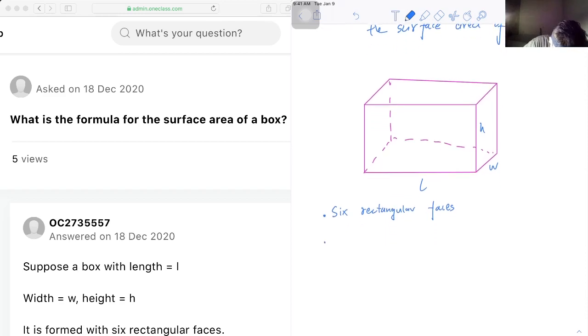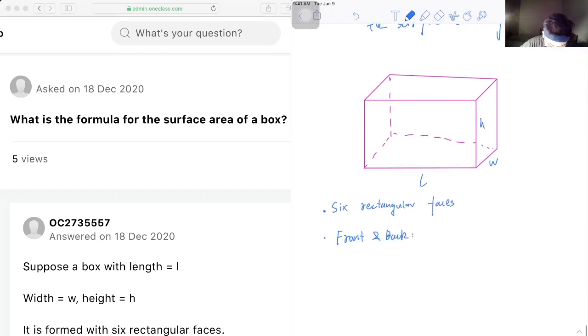If we want to talk about the front and back surface area, that will be L times H, right?